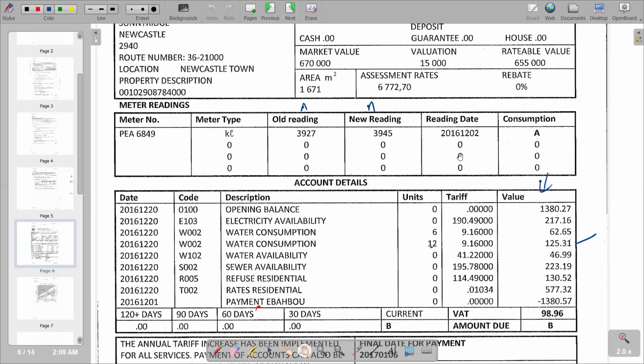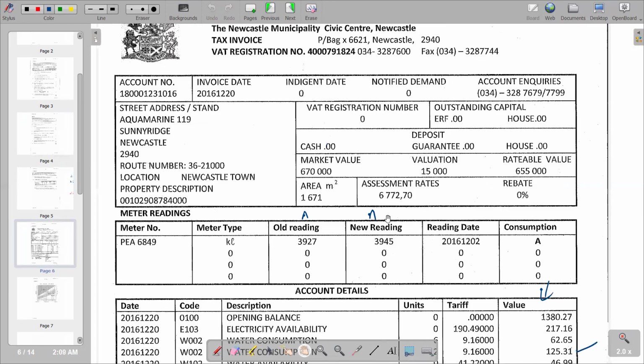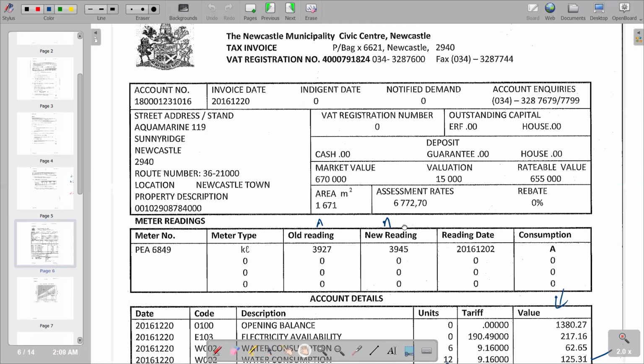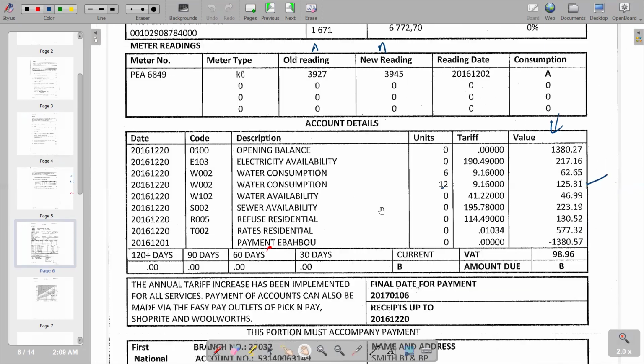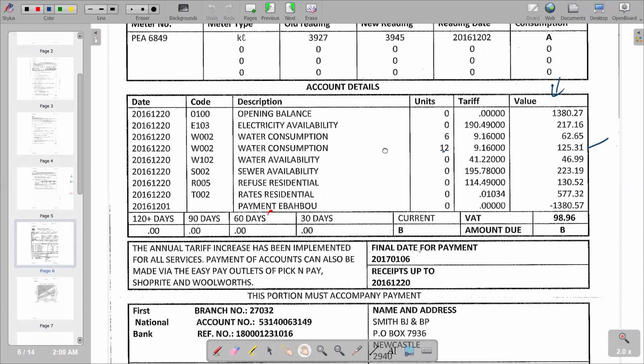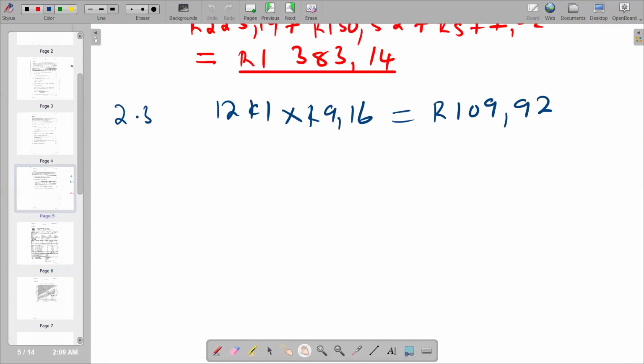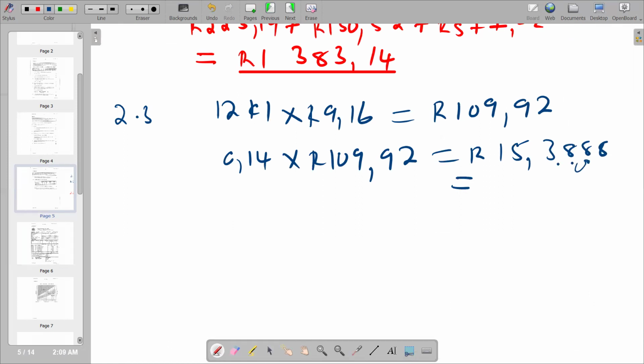So you need to calculate using the VAT percentage, and we know that the VAT percentage is 14%. So we apply our 14%, and the answer that you are going to get there is going to be 8, and it's going to be 81 cents.